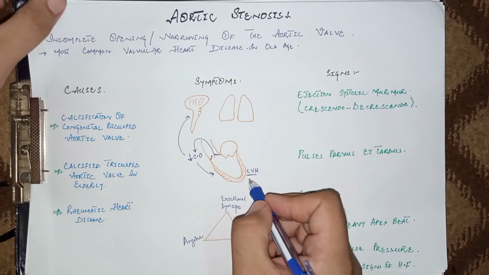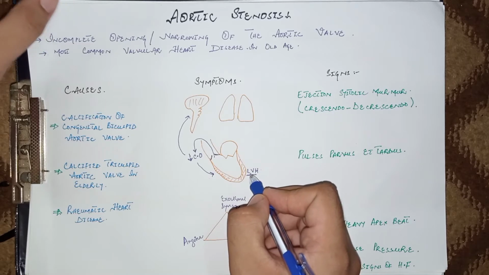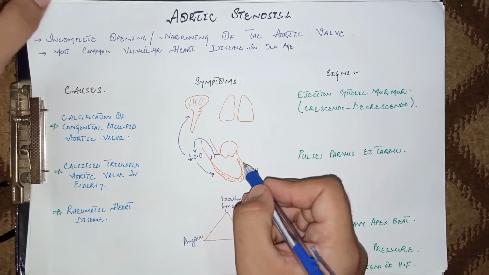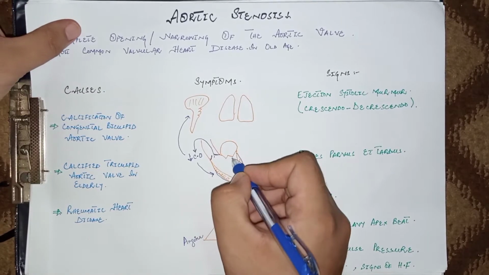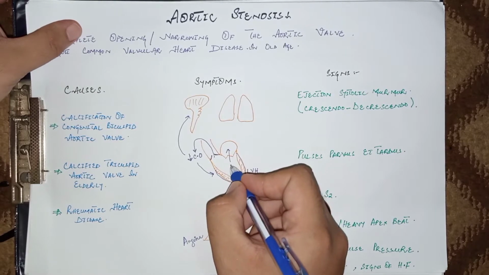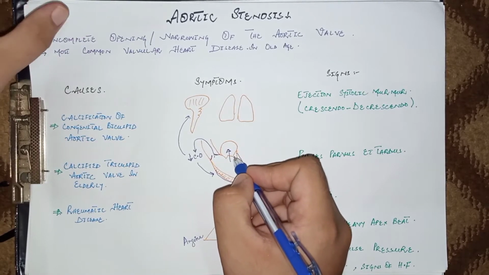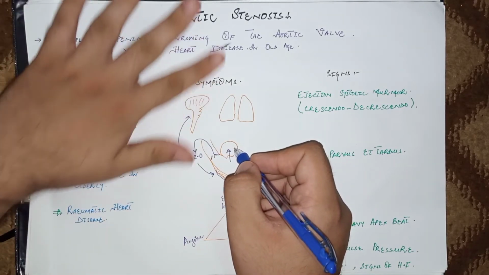Due to persistent left ventricular hypertrophy and pressure overload, it may end up with dilation of the left ventricle at the later or advanced stages. Due to dilation of the left ventricle, and volume and pressure overload, regurgitation of blood occurs into the left atrium and from the left atrium into the pulmonary circulation.